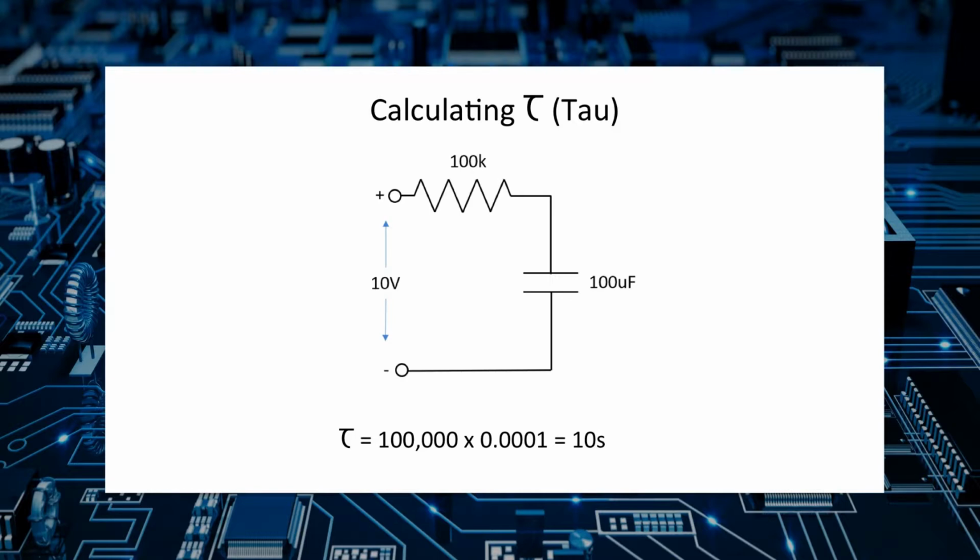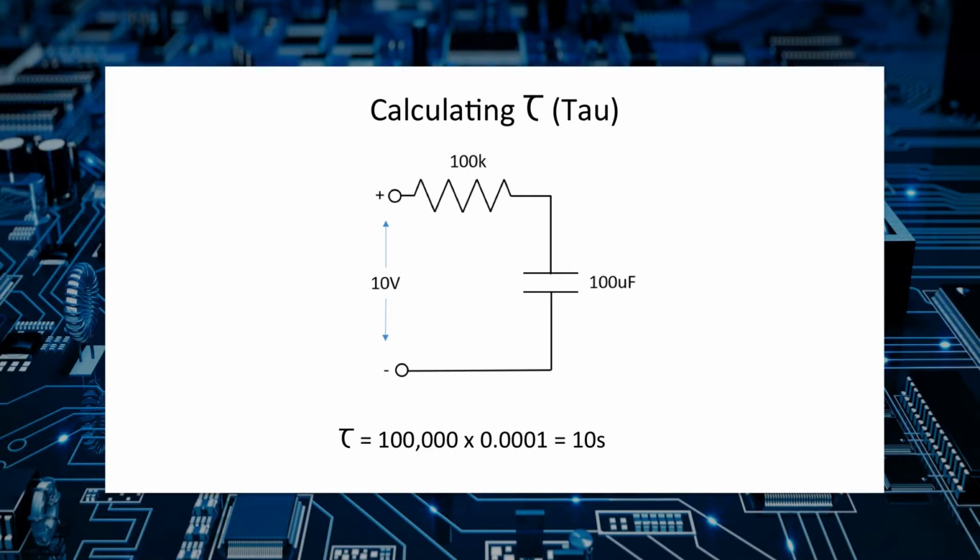It charges 66.6% of the remainder, that would be 33.3 times 66.6%, in 2 times tau, and so on and so forth. Each additional tau, the capacitor charges by an additional 66.6% of whatever the remainder is.